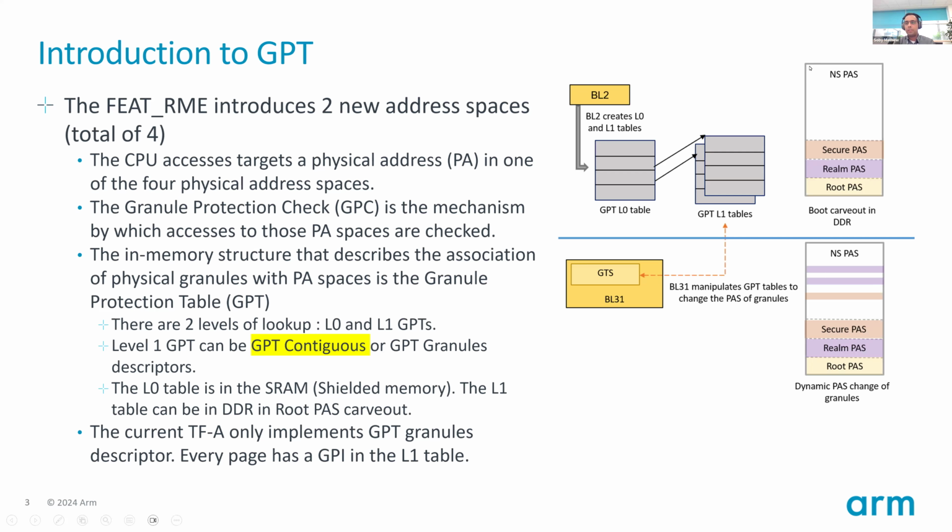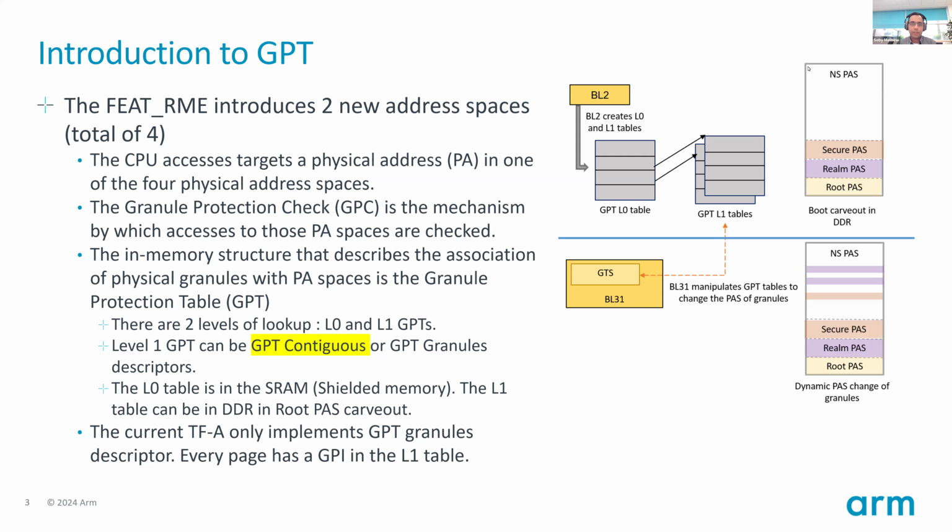Just a brief introduction to granular protection tables. FEAT RMA introduces 2 new address spaces, which brings the total to 4, namely non-secure, realm, secure, and root.